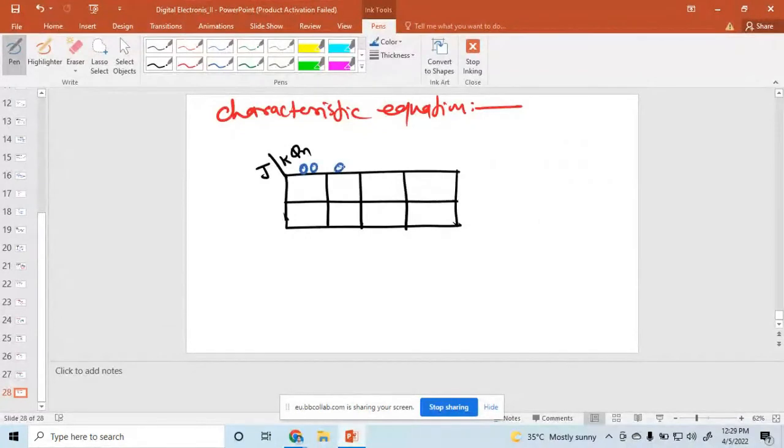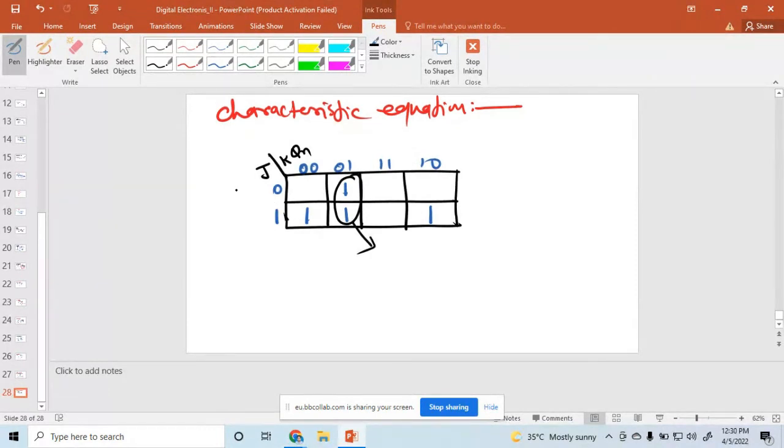This one is 00, 01, 11, 10 and 0, 1. So where are the ones? 1 is here, and the others are 4, 5, and 6 in this place. Now we start pairing. One of the pairs is this one. What is the value of this?